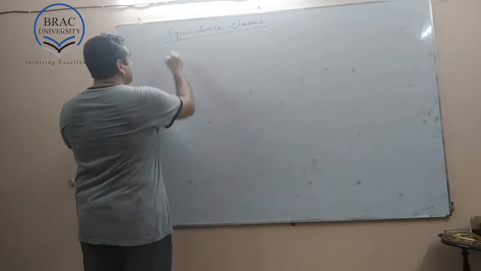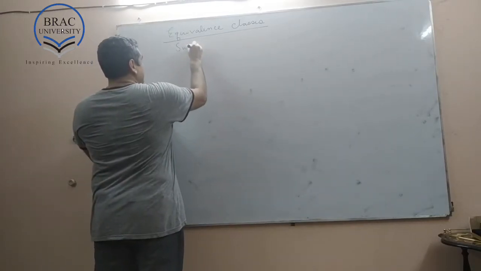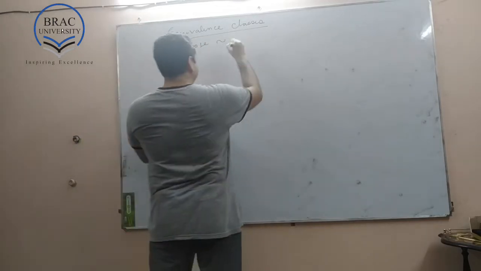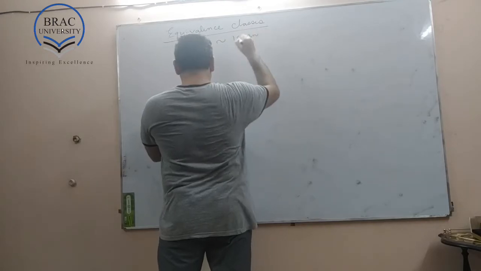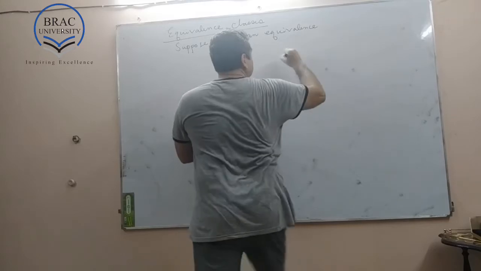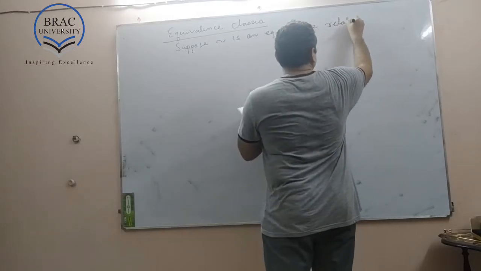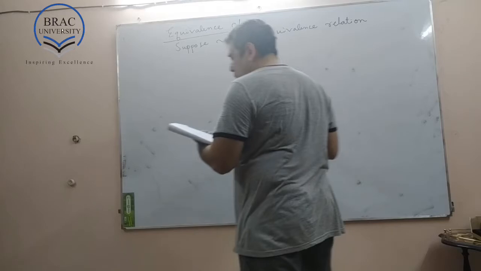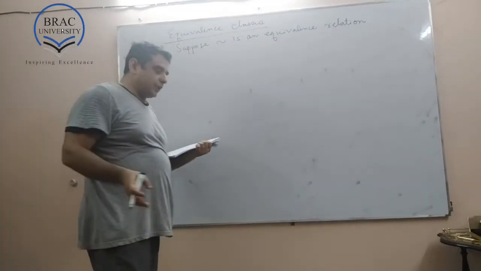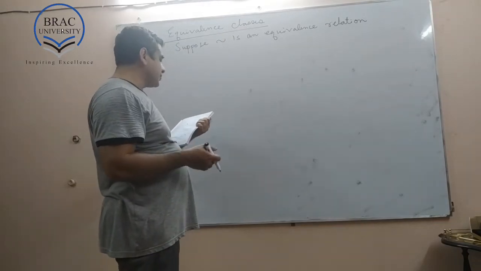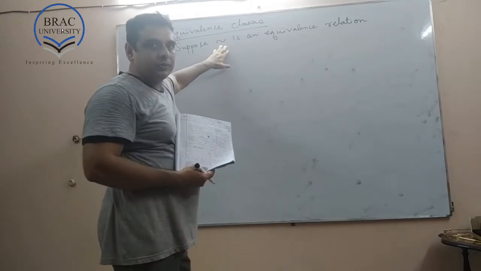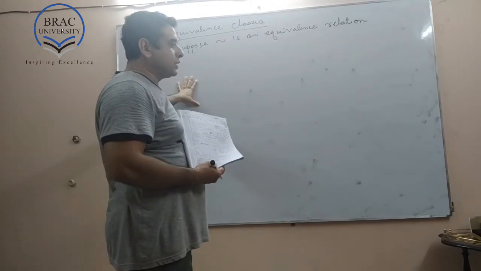Suppose twiddle is an equivalence relation. Well, it's a bit of an abuse of the terminology, because we say that an equivalence relation is a subset, but by equivalence relation now I mean this relation.